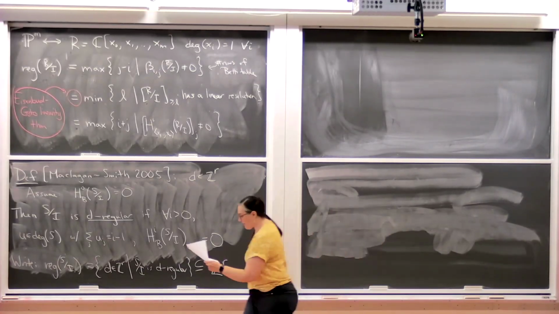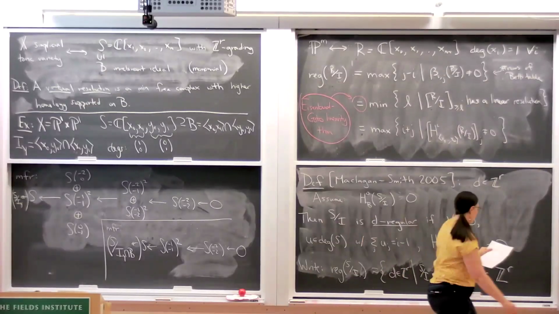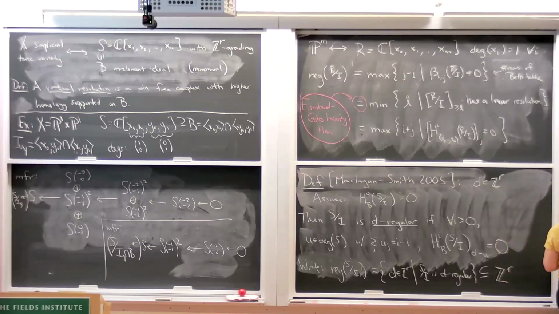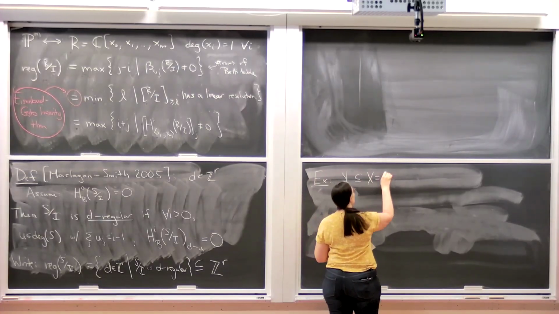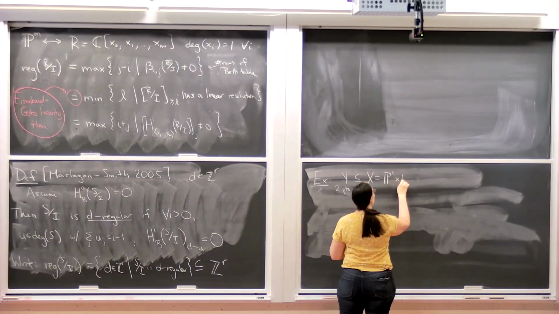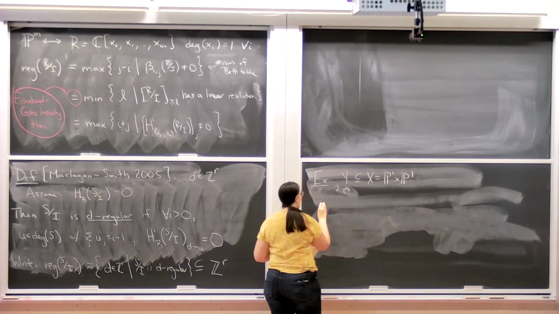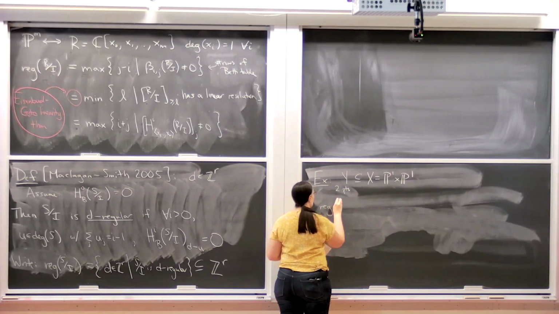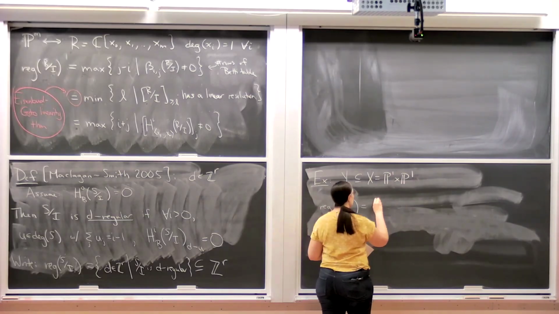All right, so now examples. So our Y, 2 points inside of P1 cross P1 that we had has regularity like this.